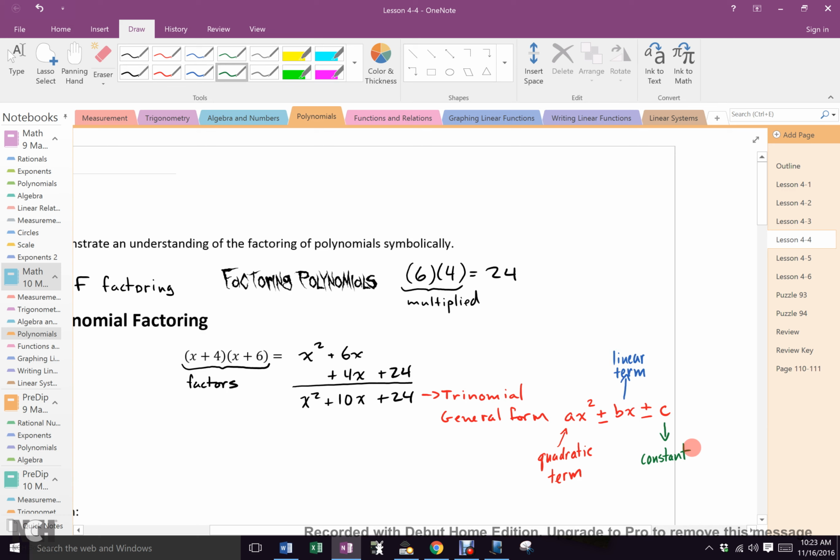Now, all of you already know this, but you should have recognized that if we had done the shortcut here, you would see that 6 and 4, 6 plus 4 equaled the linear term.